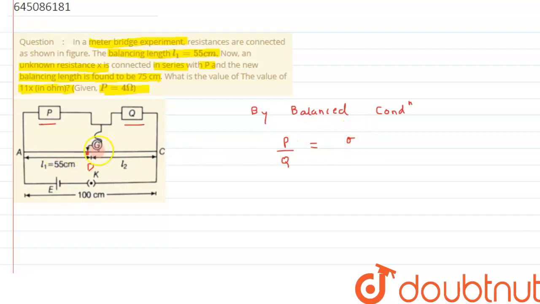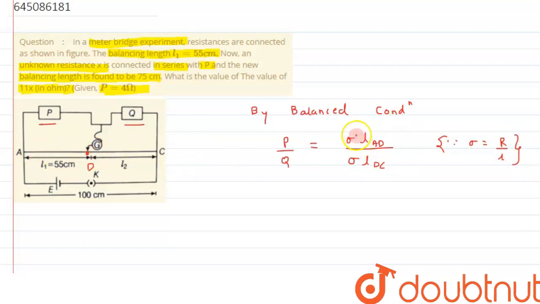that is, we are taking resistance per unit length over here, that is sigma, into L, the length of AD, divided by sigma into the length of DC. Since sigma is resistance per unit length, from here we have calculated the resistance of AD and DC.